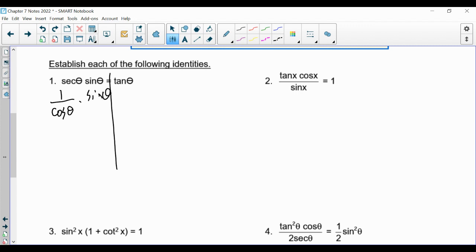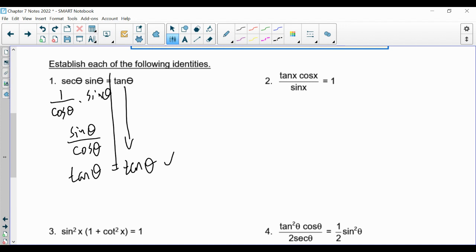And so it's 1 over cosine times sine of theta. Now if I simplify this left side, I get sine of theta over cosine theta. And if you think about the quotient identity right above, we know that sine of theta over cosine of theta is tangent of theta, which is exactly what we were trying to prove. So there is our first trig proof.